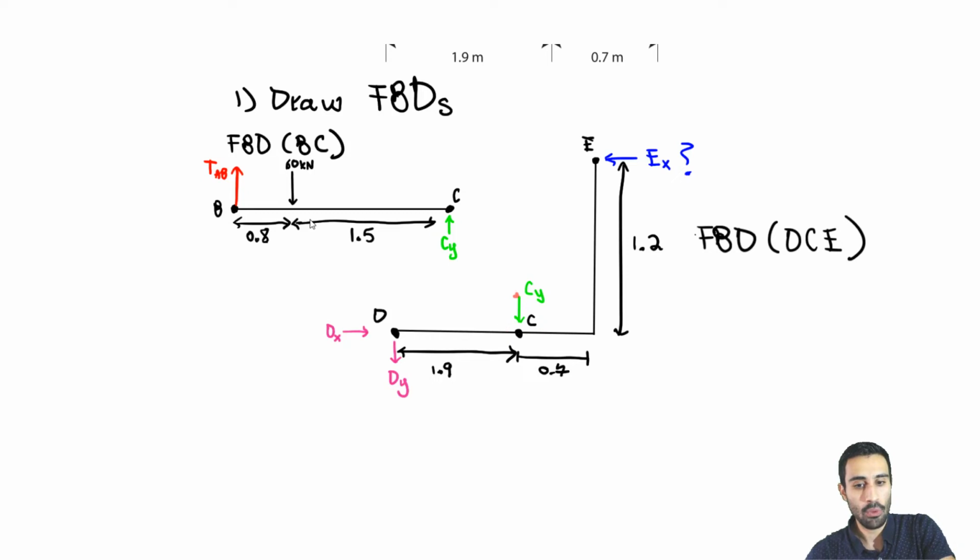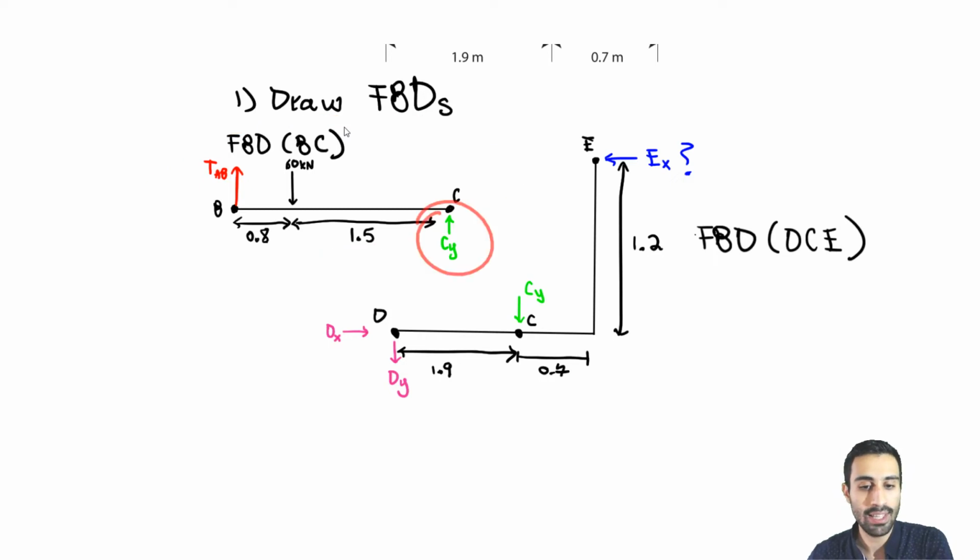Then we have CY here. This stuff is unknown, but I can apply the moment equation about D. It will cancel these because those hit point D, they cause no moment. I'll have one equation, one unknown, and we can solve for the reaction EX. And I'll show us exactly that. So let's start with this one first.